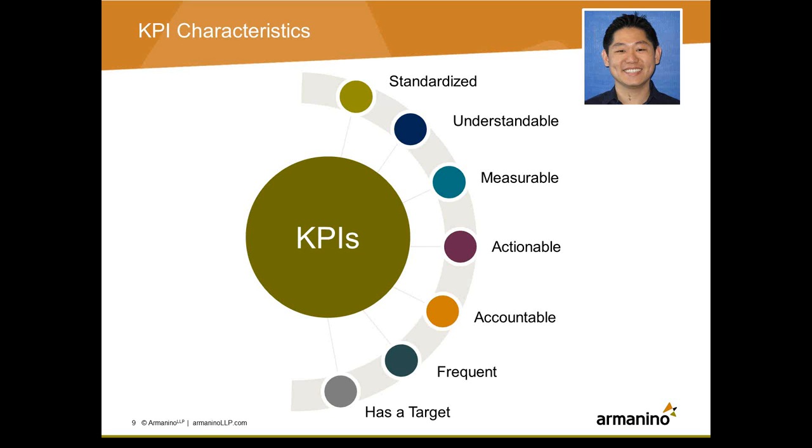The next thing is something that is not as common, that people don't realize when they implement a KPI: a KPI is such an important performance metric that it needs to have someone who's managing it. Someone needs to be accountable to make sure that it's tracking the information properly, and that it's reacted to accordingly.